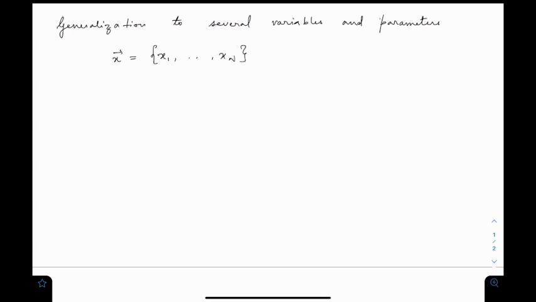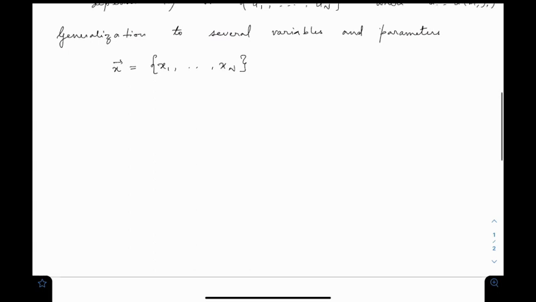In such case, first of all, the generalization for the PDF is quite straightforward. And again, we can reduce the variate space to a single significant variate, which is u in this case, without losing relevant information.